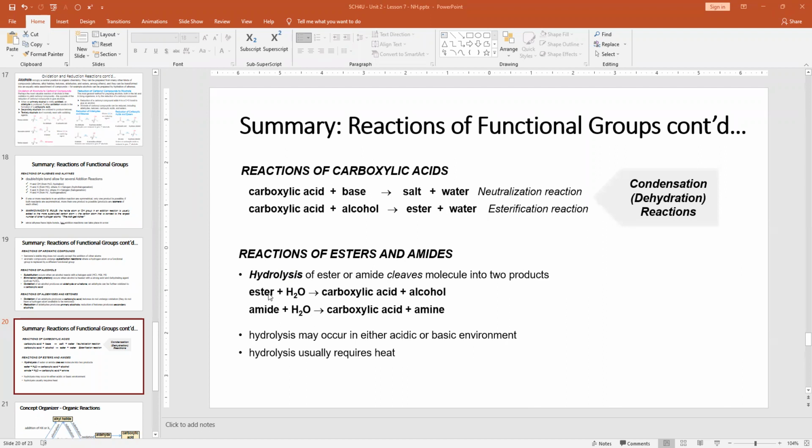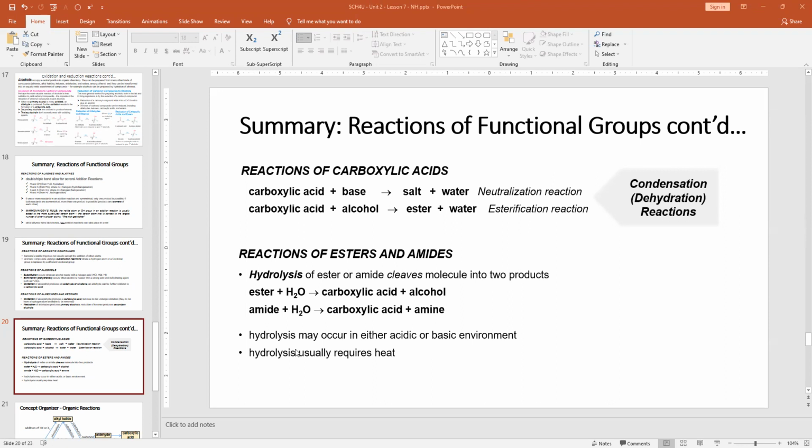An ester plus water, a hydrolysis of an ester, will result in a carboxylic acid and an alcohol. Here again, water is used to cleave an amide into a carboxylic acid and an amine.